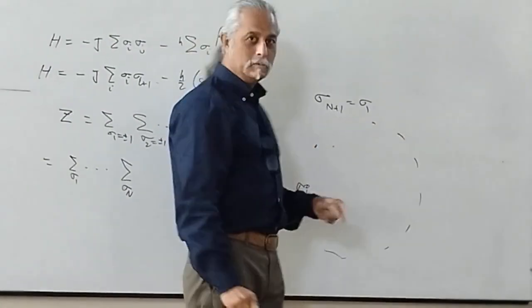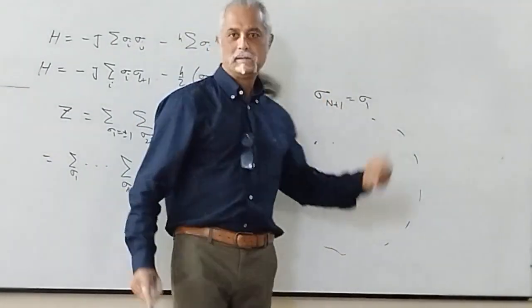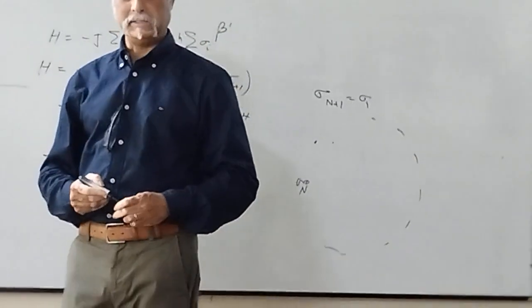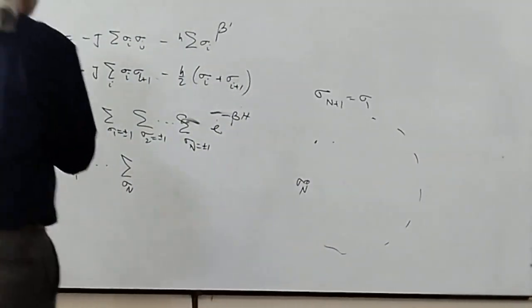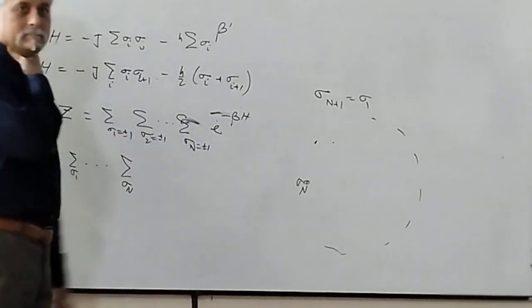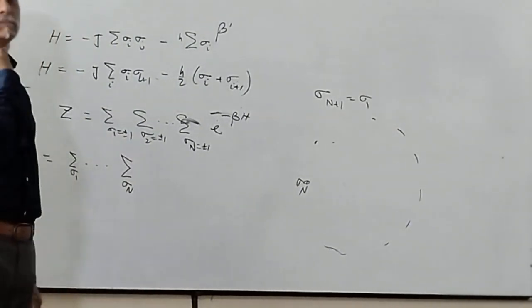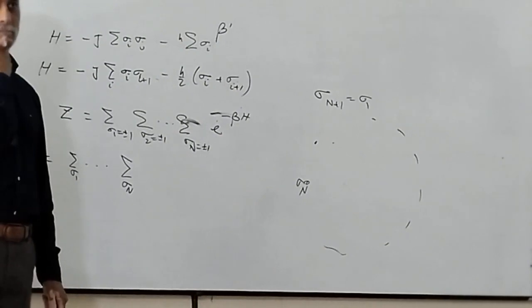Okay, so this ensures a periodic boundary condition. And we also assume nearest neighbor interaction.